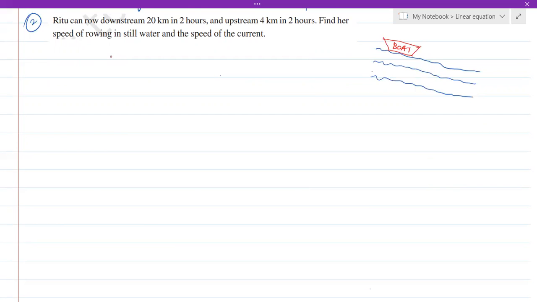Now let's assume the speed of the boat in still water to be x kilometer per hour.